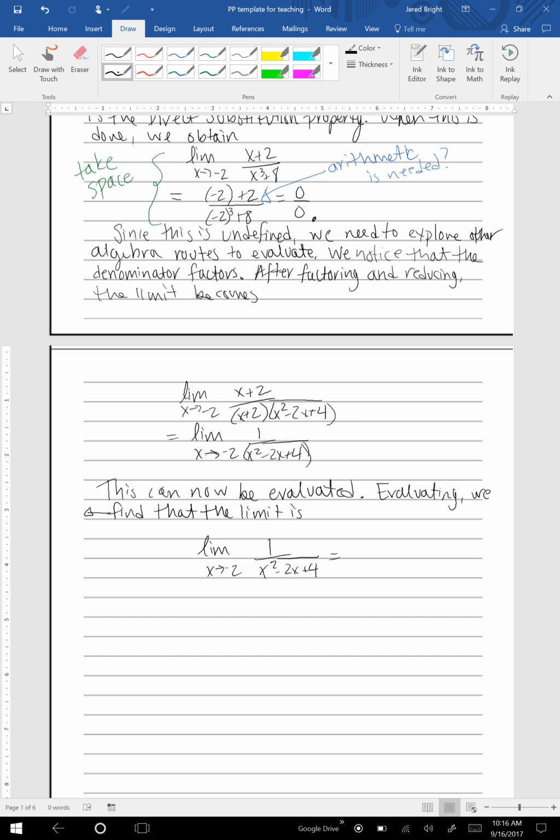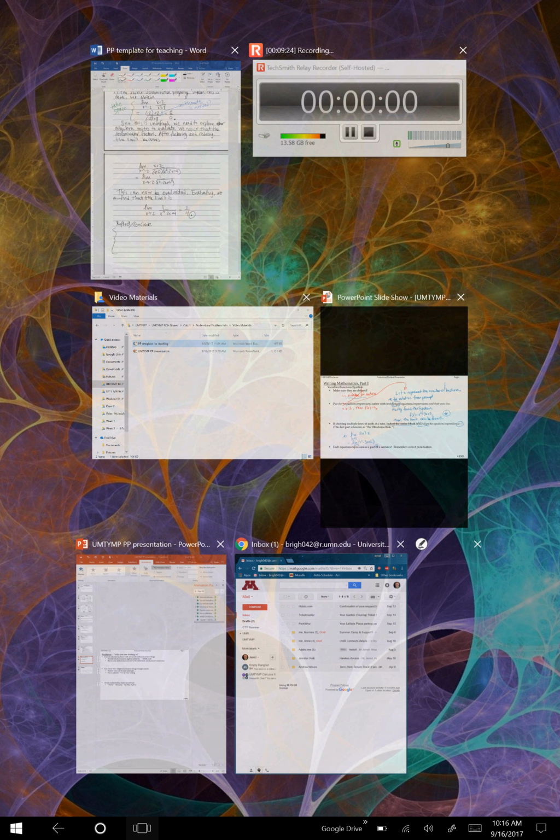So I'd get 4 minus 4 plus 4, so I get 1 over 4. And make sure to include that period, because it is the end of a math sentence. Then after this I would go on to the reflect and the conclude, which I will let you complete on your own, based on last week's video.